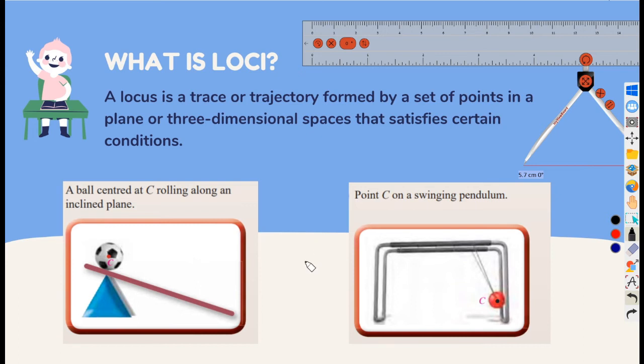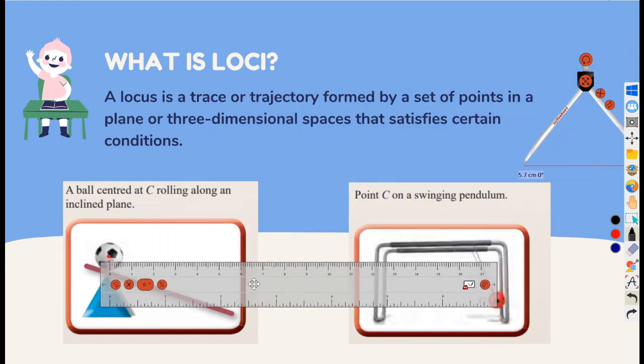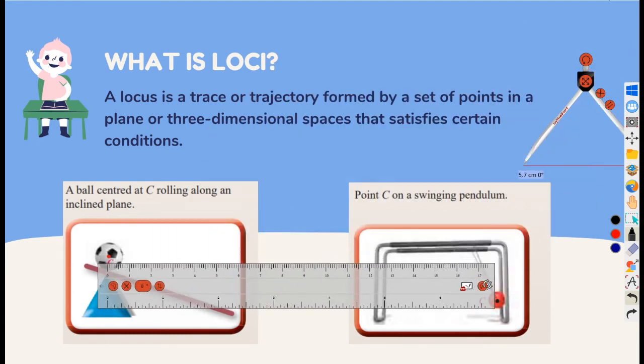So for this one, how to draw this locus? Because the ball is rolling along, it's a parallel line, so I take the ruler here.